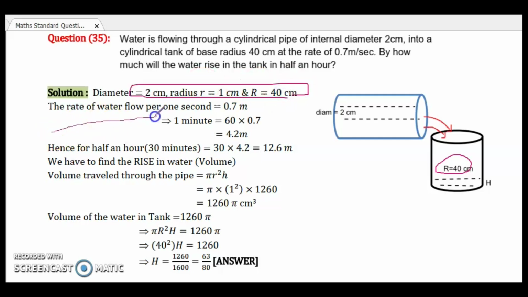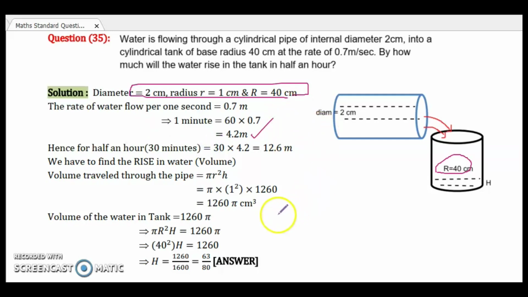Now what is the rate of flow per second? It is going to be 0.7. Everybody knows 1 minute is 60 seconds. That means 60 multiplied by 0.7. Therefore, what is the total rate of water flow per 1 minute? 1 minute equals 4.2 meters, right?